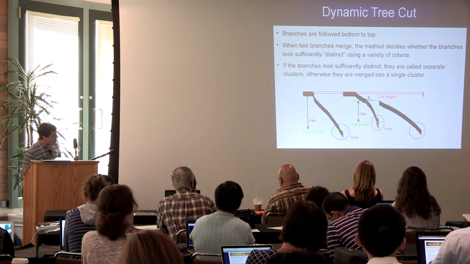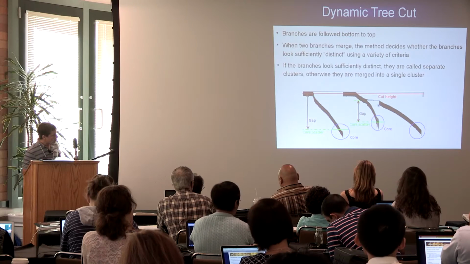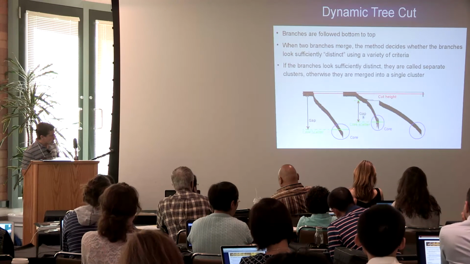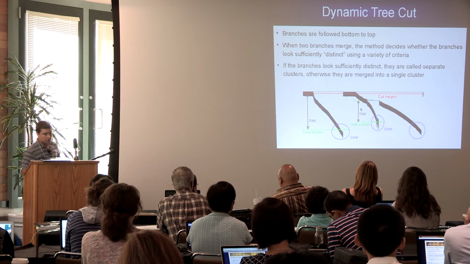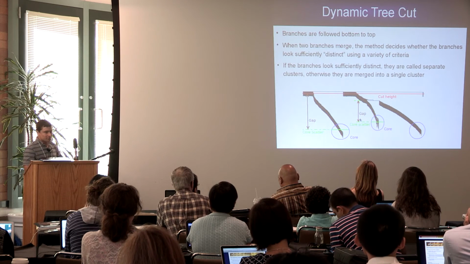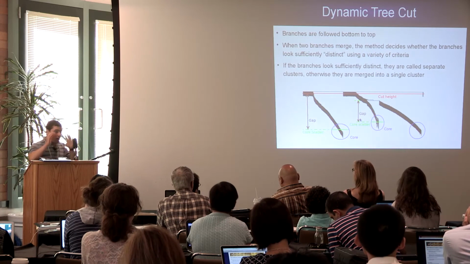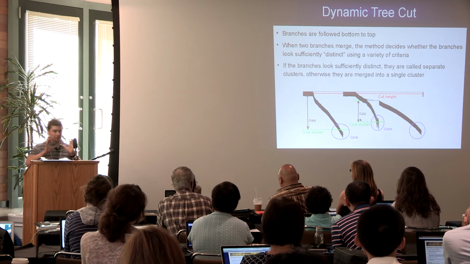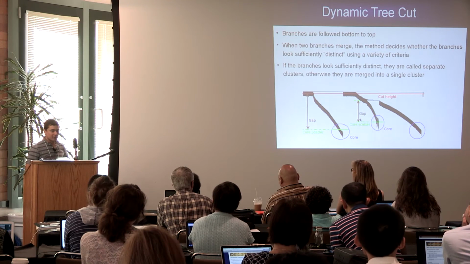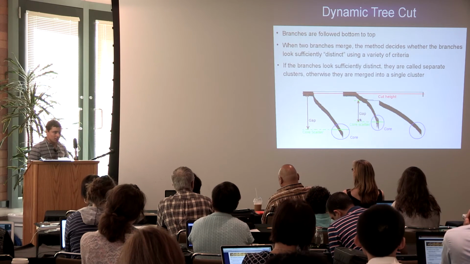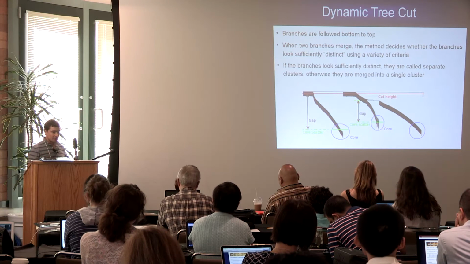And then you look at the height of where the 2 branches merge. The difference between them I call the gap. The gap tells you visually how well the branches are defined. So if this gap is big enough, the branches can be called separate.